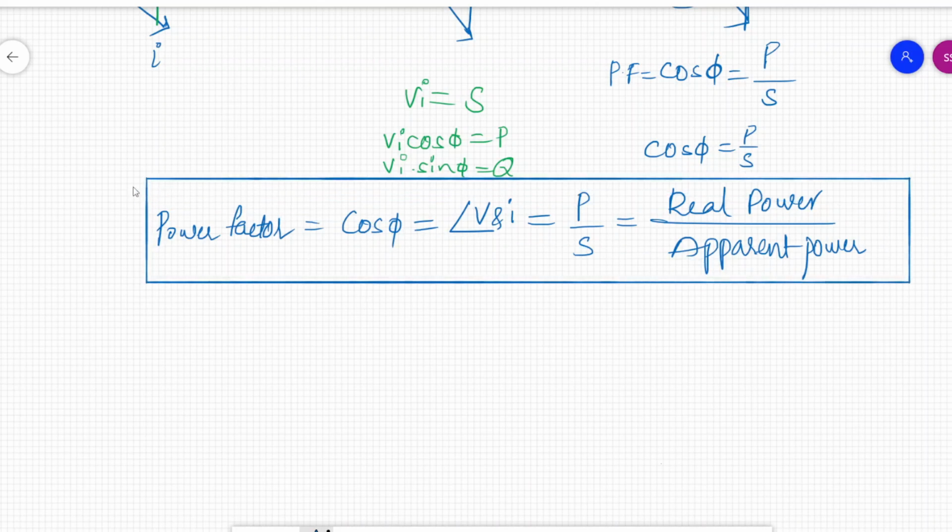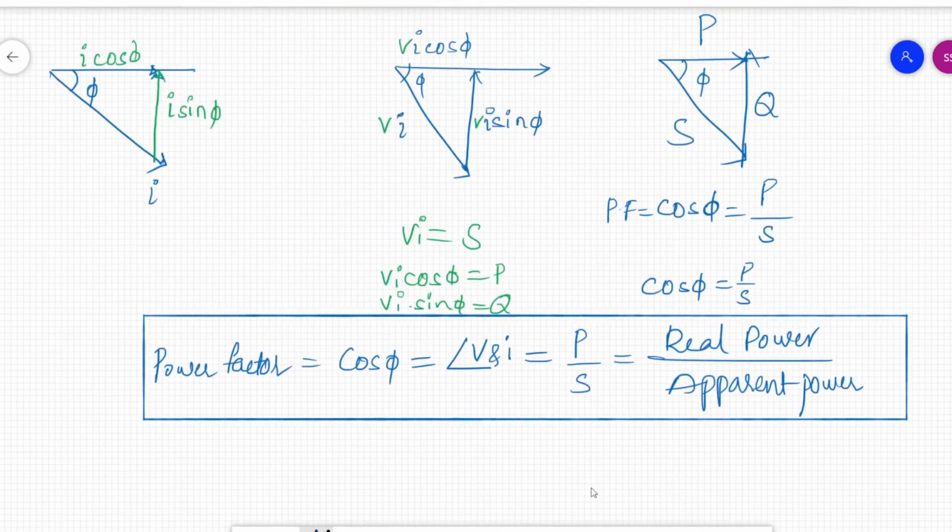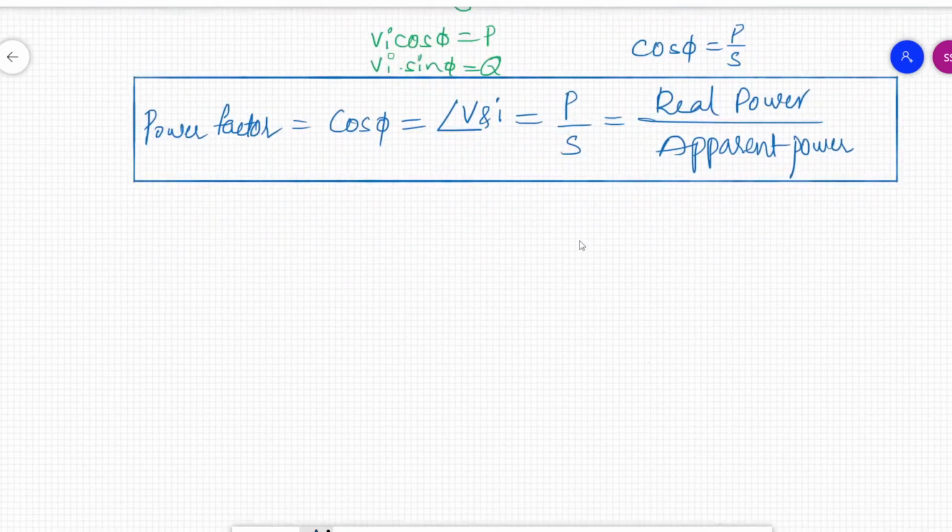So this is the power triangle for an RL load. Now let us try to derive the power triangle for RC loads, which are nothing but our capacitive type loads. For capacitive loads, what is the behavior of current and voltage?